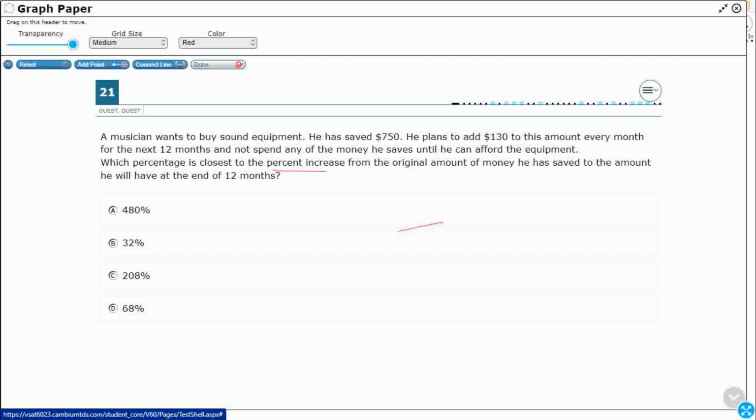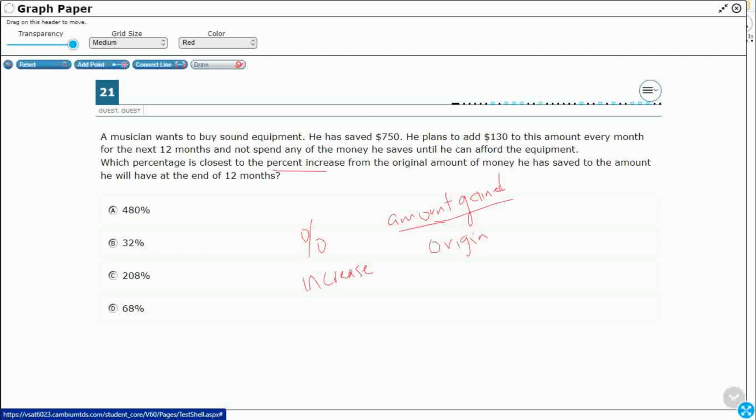Percent increase is a ratio that we can think of here. We can have the amount increased, or the amount gained, if we want to think of it like that, and then we do that over the original.